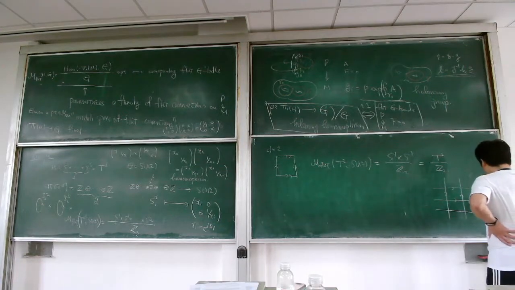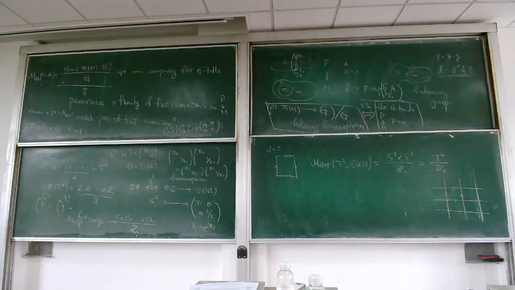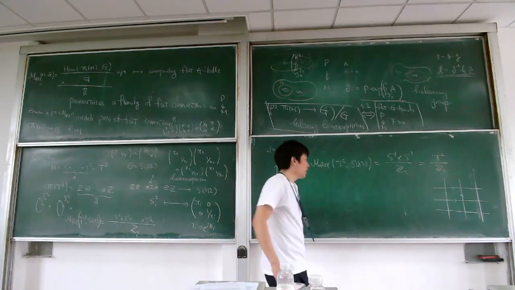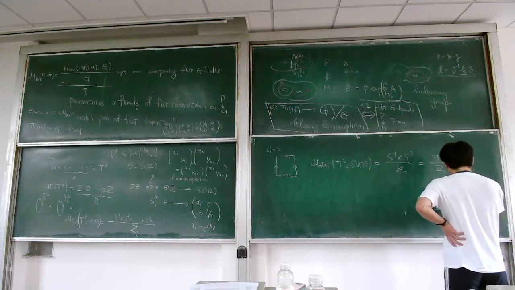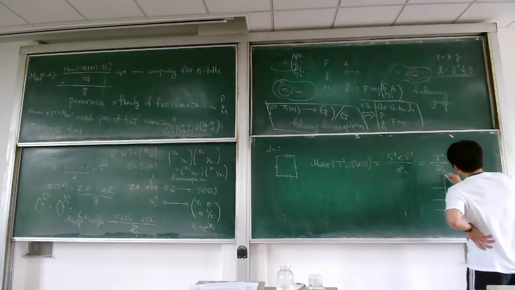Maybe I should write it down this way. And one of them is spanned by the eigenvalue x1 and x2. So this direction is x1 and this direction is x2.